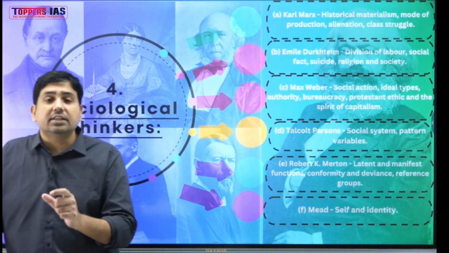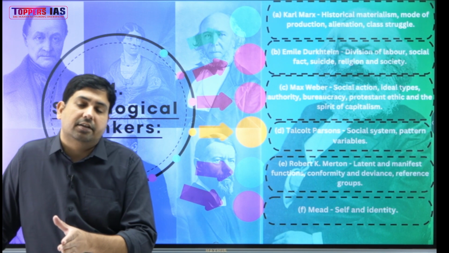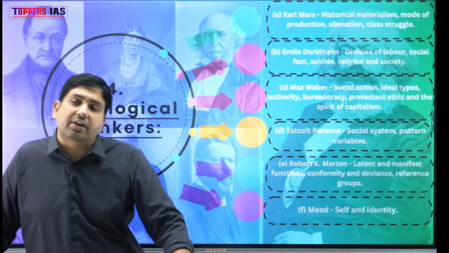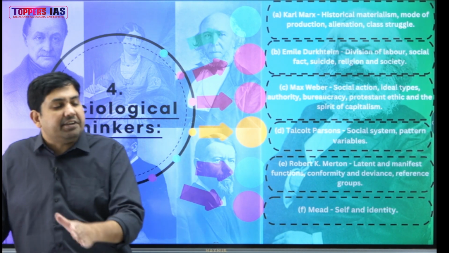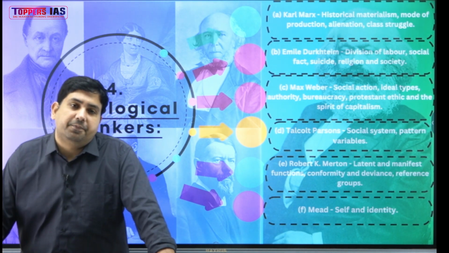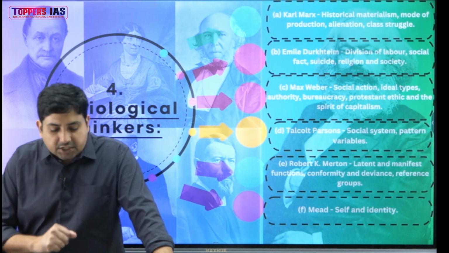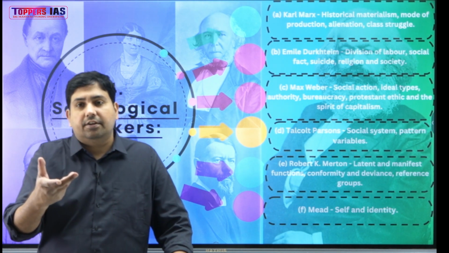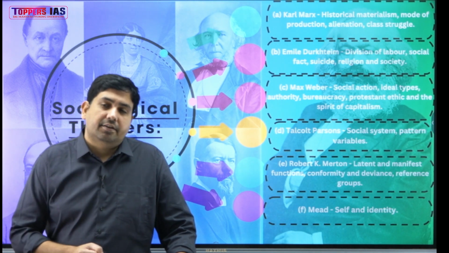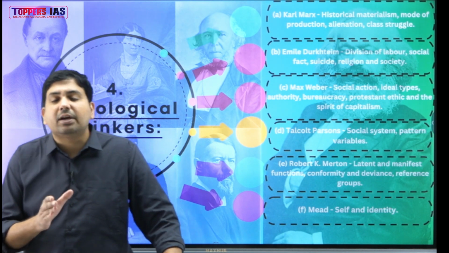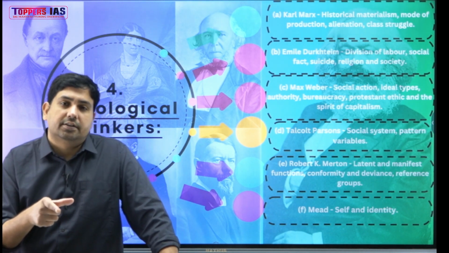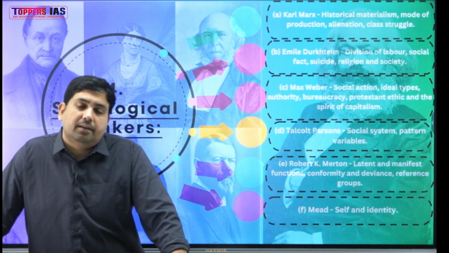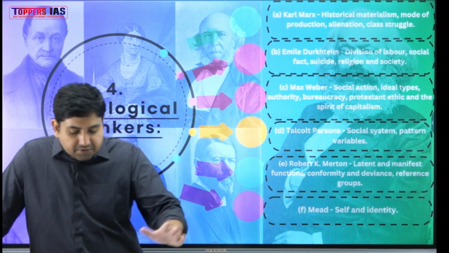Class struggle is nothing but an explanation, or say an application, of his methodology of historical materialism to explain conflict and change in society. And then alienation. What is alienation here? Alienation is a concept that Karl Marx developed to highlight the negative, dehumanizing consequences of industrial capitalist society on human beings. And these are very interesting theories.